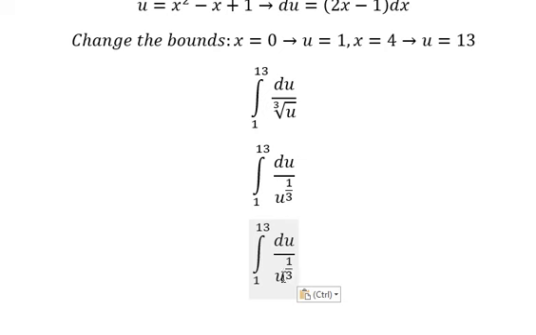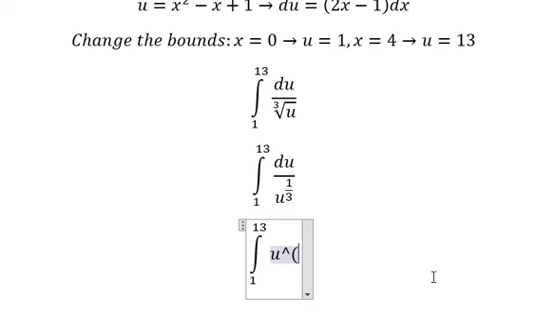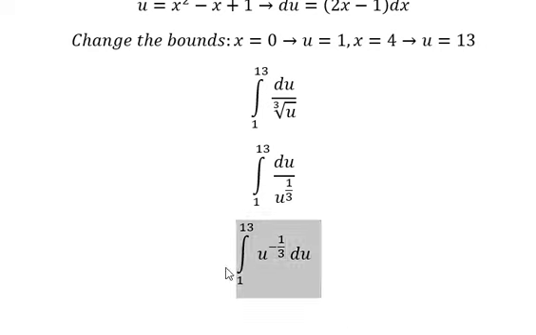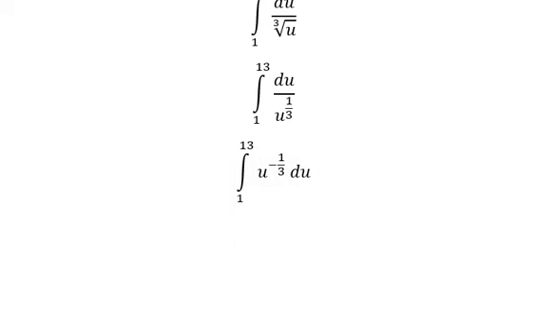I want to put this one in the numerator, so I need to put the negative on the power. And we have it like this. And now we have the final answer.